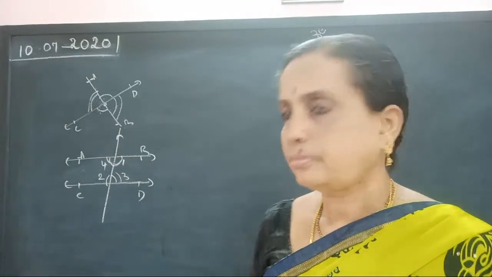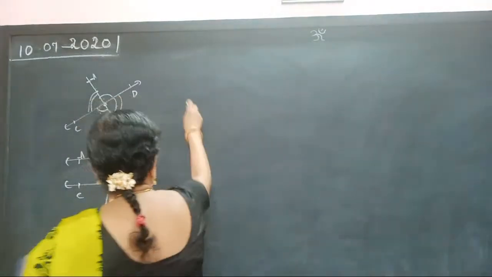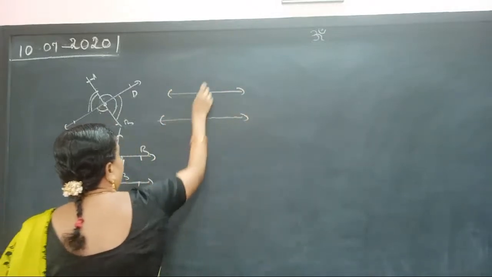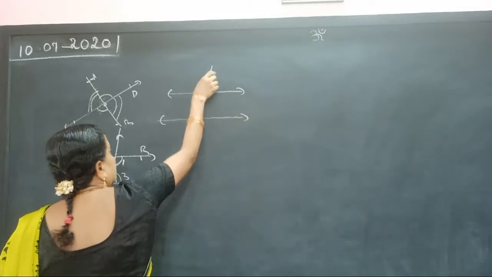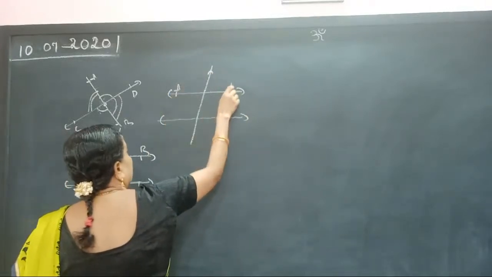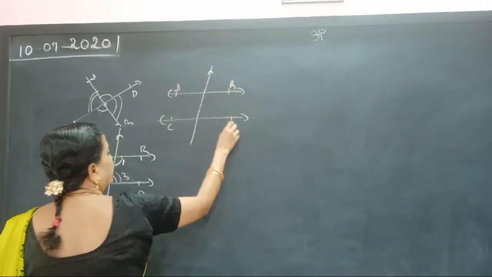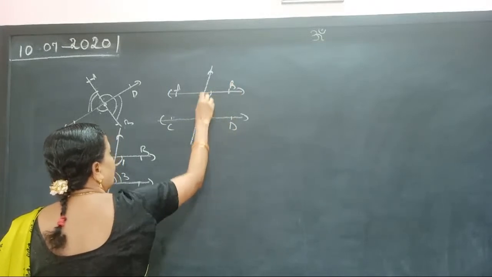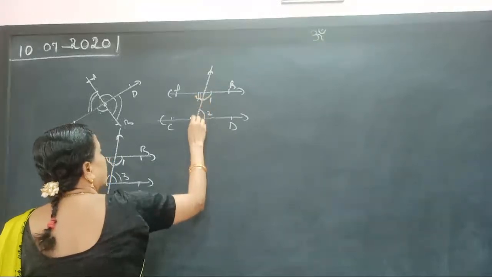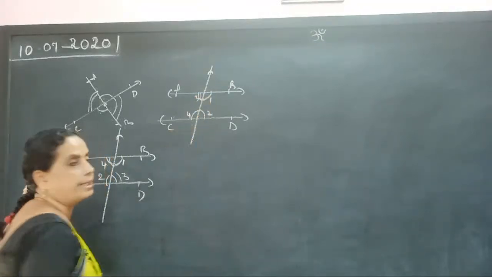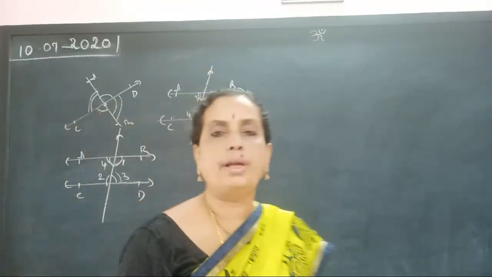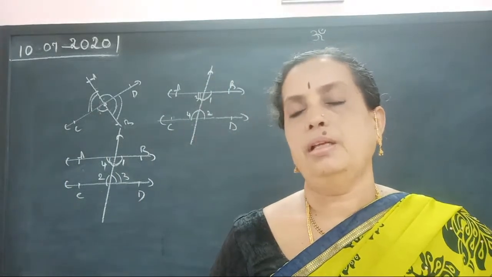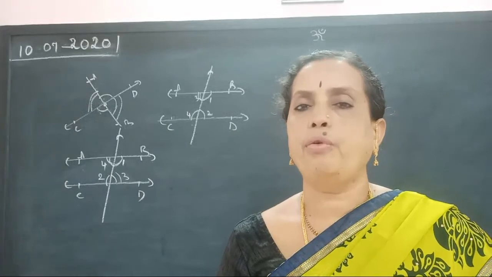Clear? Again, in the same condition, when two parallel lines are intersected by a transversal, then the sum of the four interior angles, 1 plus 2 is 180, 3 plus 4 is 180. The sum of co-interior angles is supplementary. Theorem 6.4.